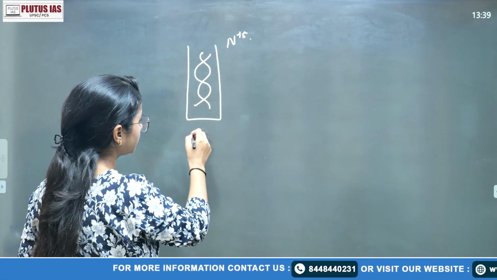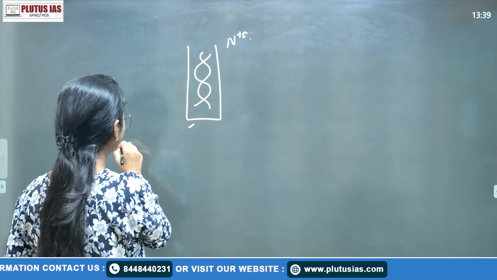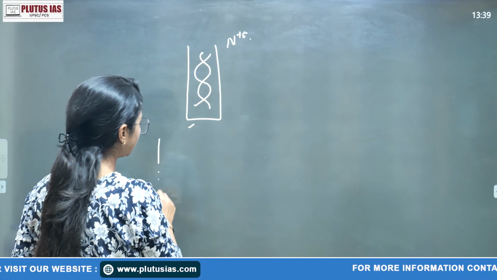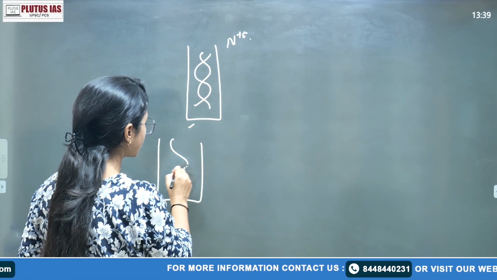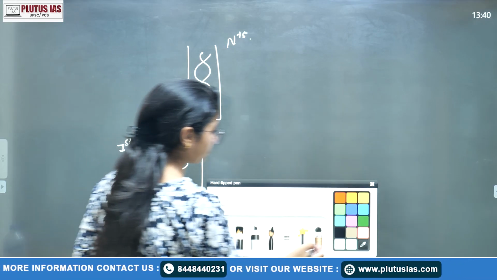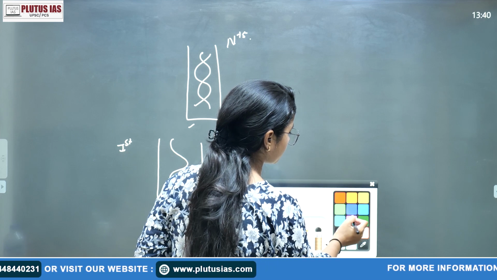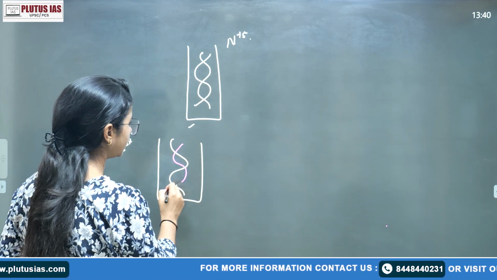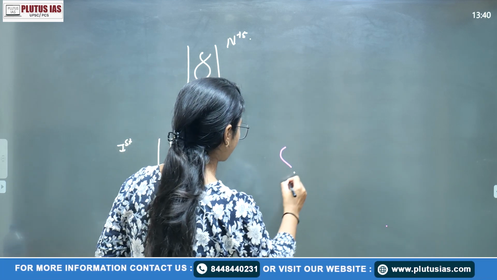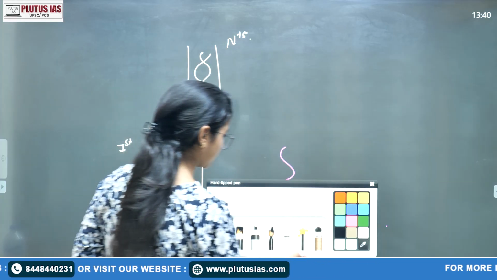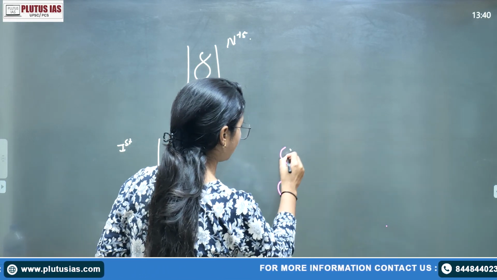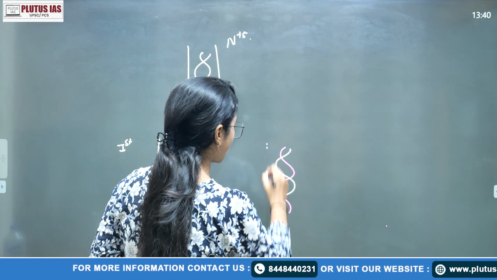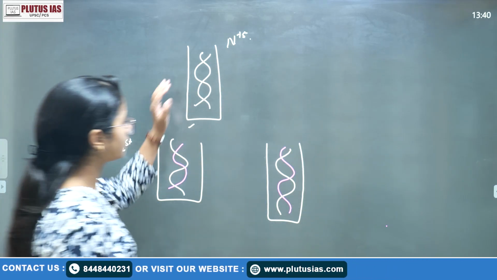Suppose this is a complete nitrogen 15. In the first generation, when the DNA has been formed, in that first DNA replication, both the DNA copies that have been formed have one strand from the parent.